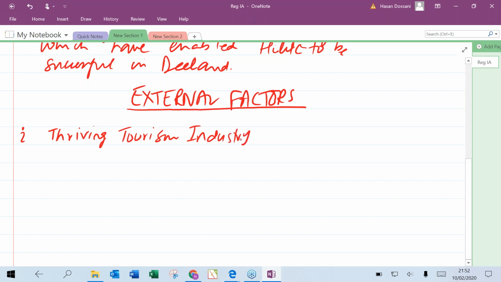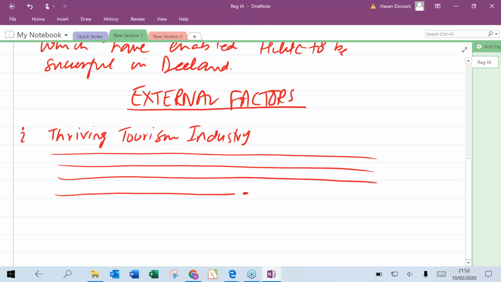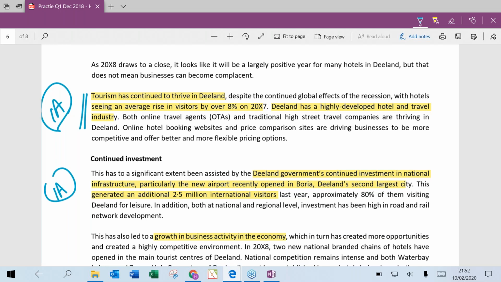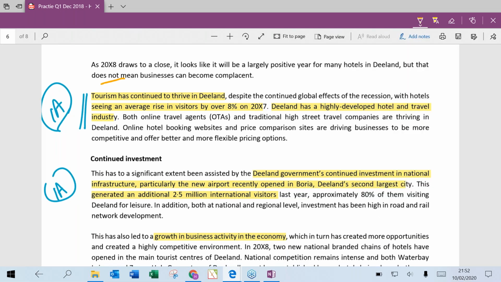Okay. And then write 2 or 3 lines, full stop. And just explain what you mean by thriving tourism industry. And you can straight away pick this information. You can easily pick information from here.